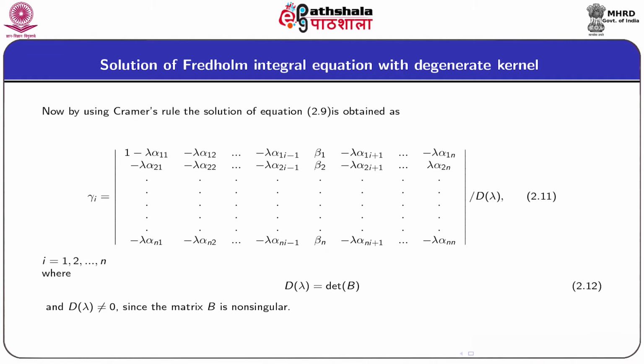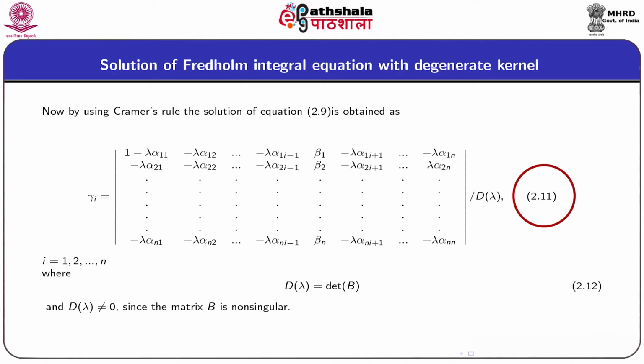So, if B is non-singular, then we can obtain the unique solution of the system of equations 2.9, that is, we shall find the unknowns gamma_i by using Cramer's rule, and this is given by equation 2.11.